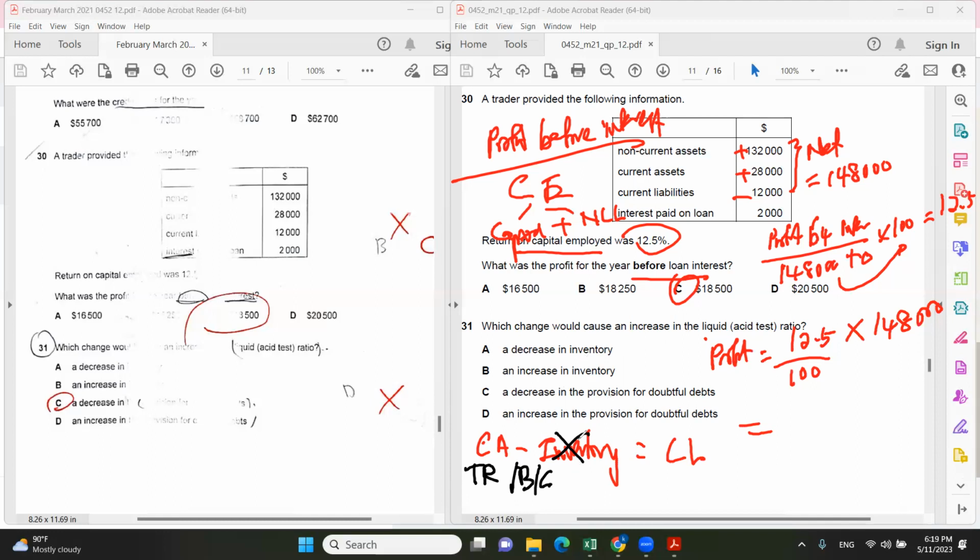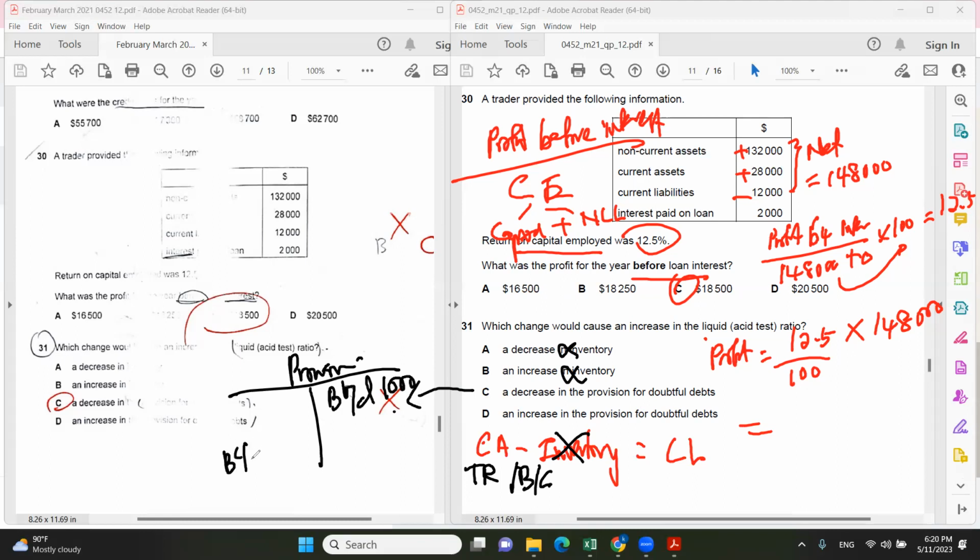Since that does not include inventory, these two must be out. We don't need to see them already. Then these two: a decrease in the provision for doubtful debt. When there is a decrease in the provision for doubtful debt account, let's say your balance brought down here is 100 or 1,000.